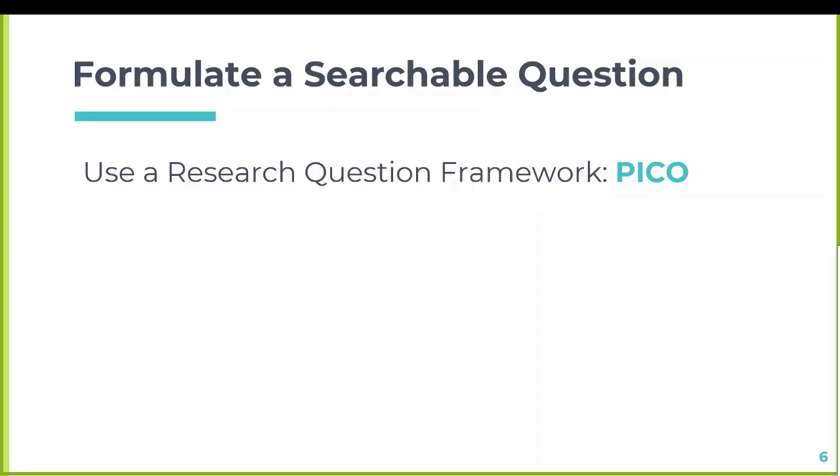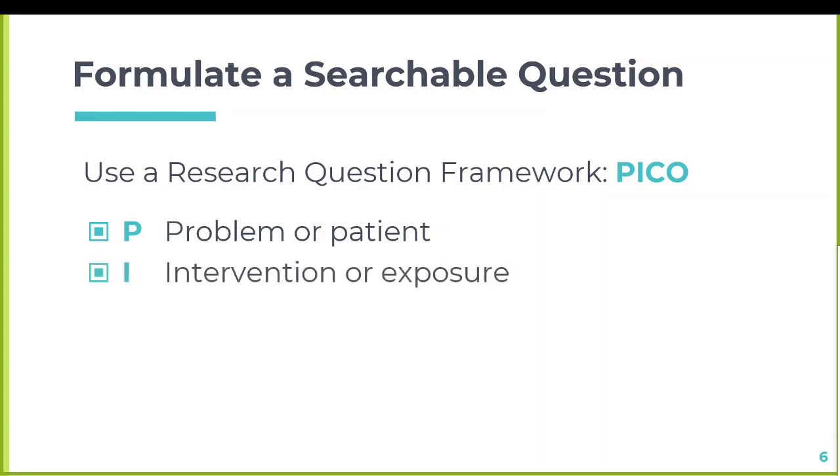So PICO stands for the P. The P is, how can I describe a group of patients or problem? The I is, what main intervention or exposure am I considering?